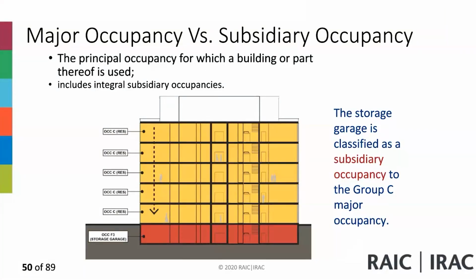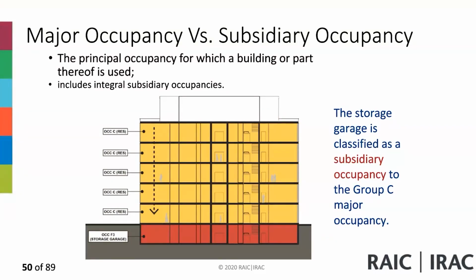But if you have an assembly room, for example, where they serve food for the residents of the building, that's part of the Group C major occupancy. However, the floor area is used as a Group A2, but your major occupancy is Group C. You've got to watch out that you have a subsidiary occupancy for the principal use of the building.